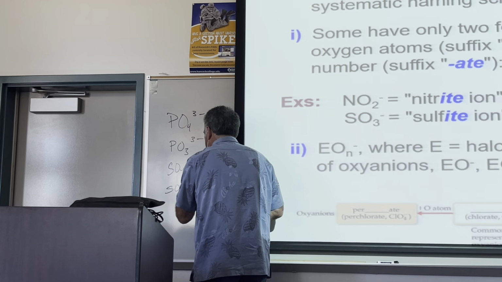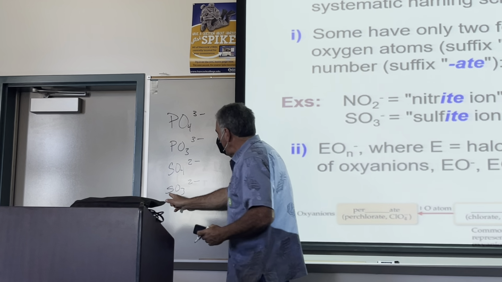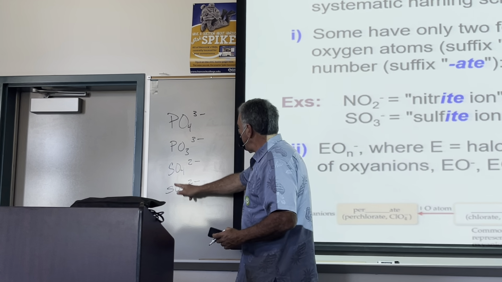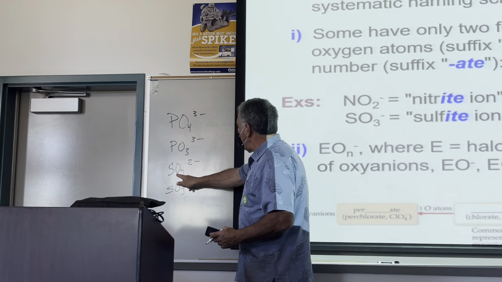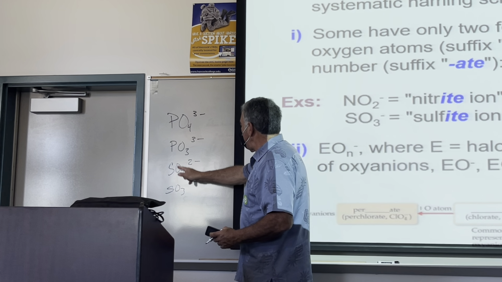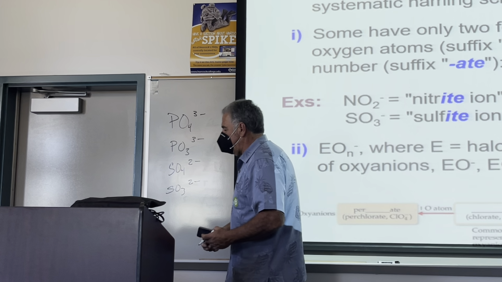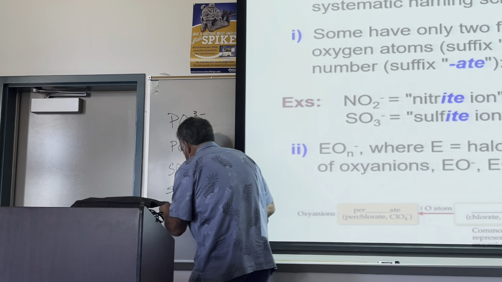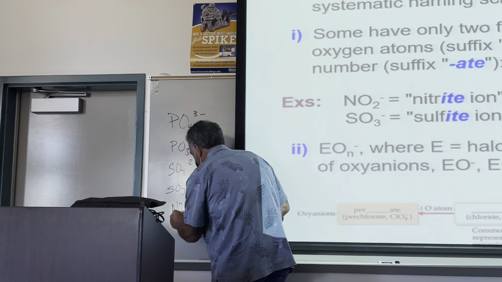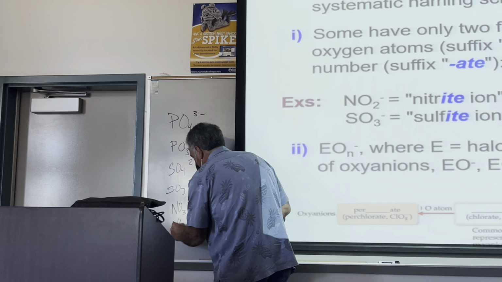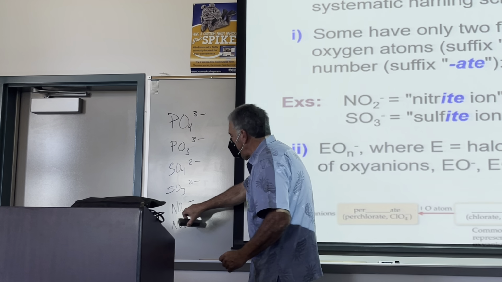This is what we're talking about, right? Where you have 1 sulfur, 3 oxygens for sulfite, SO4 sulfate, phosphite, phosphate. And let's do the last one too. Nitrite, nitrate.